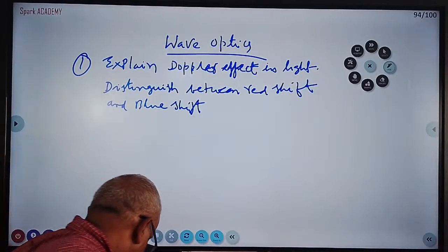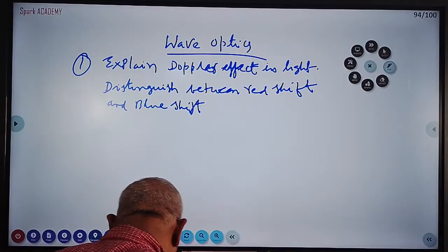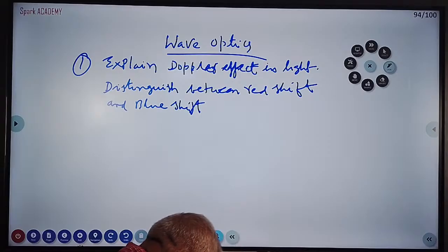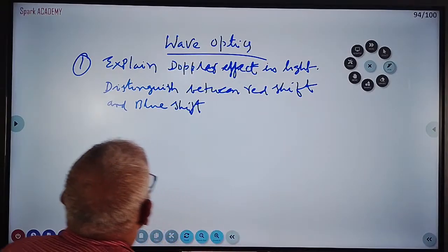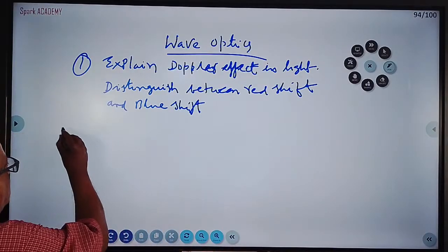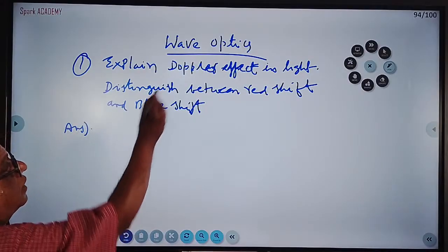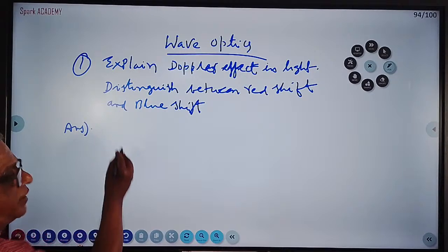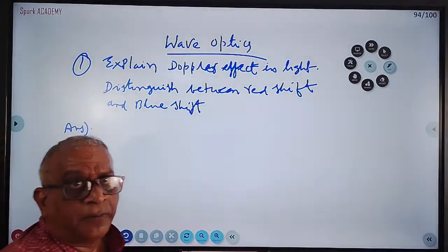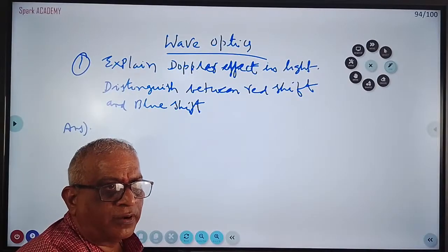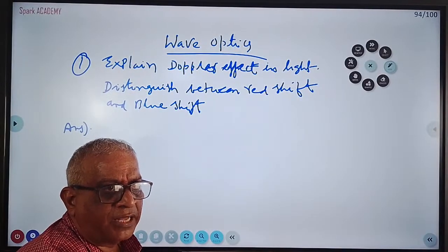Okay, so here I am writing the answer, the definition. What is Doppler effect in light? What is Doppler effect actually? The apparent change in the wavelength or frequency. Generally in sound you will write only frequency. Here you are writing wavelength also.